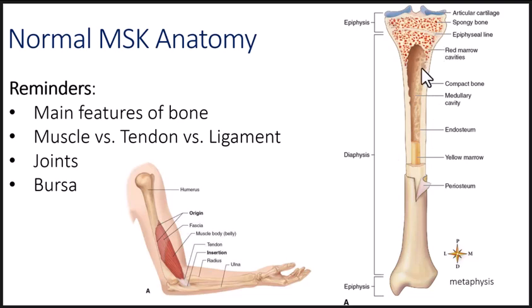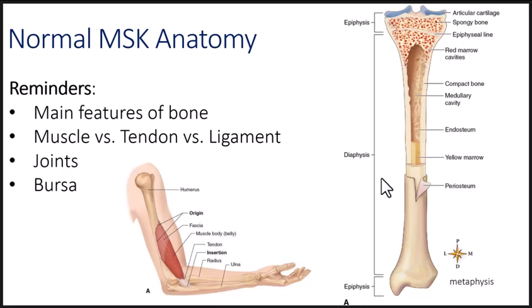We have the epiphyseal line here, which is a remnant of the growth plate. So the line would be present once the person has stopped growing. In the ends of long bone, we have spongy bone present, and red bone marrow would be found here, especially in children. And then the medullary cavity that is filled with yellow bone marrow.